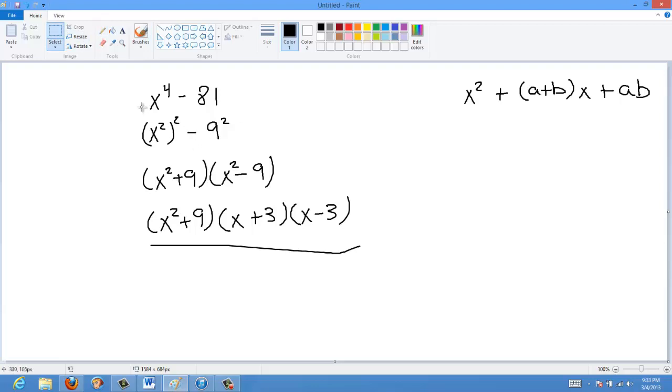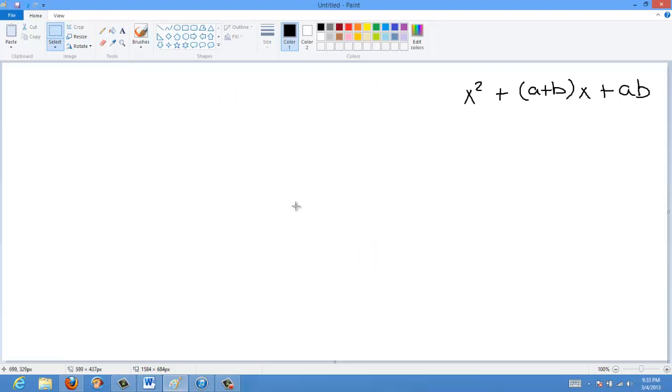Now, one of the things that you should be aware of is when people combine these. For instance, if we had something like 3x squared plus 9x minus 30. When you first look at this, the 3x squared is probably going to disturb you.